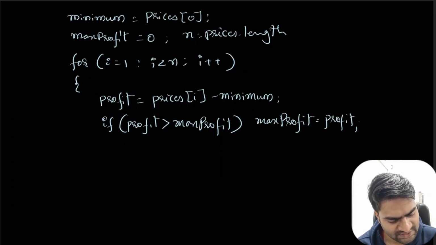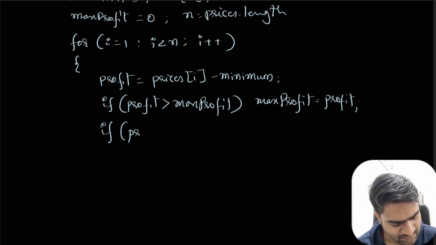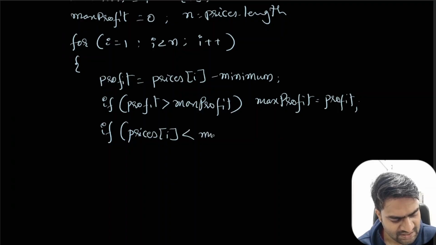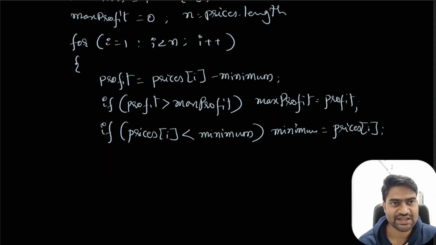Okay. So after this, I will check if my current value, which is prices of I, is less than my minimum, then I will have to update minimum equal to prices of I. So this way I will keep on updating the minimum value and the max profit.